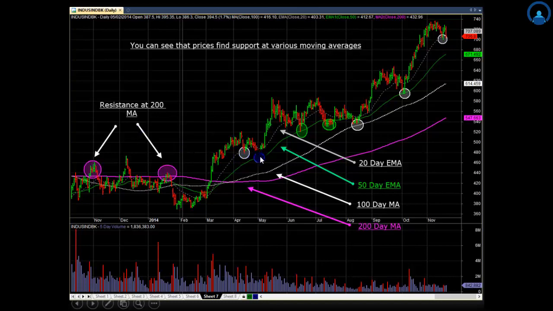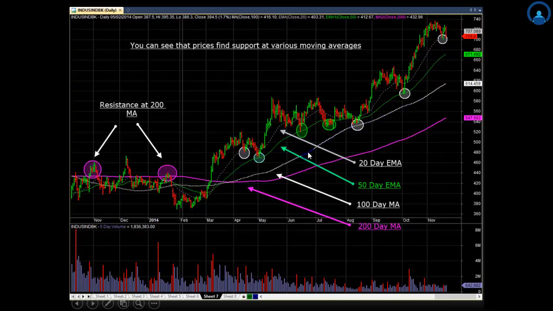The green colored line is the 50-day EMA, exponential moving average. It is not as flexible as 20 EMA, still it is much more flexible as compared to this white dotted line.